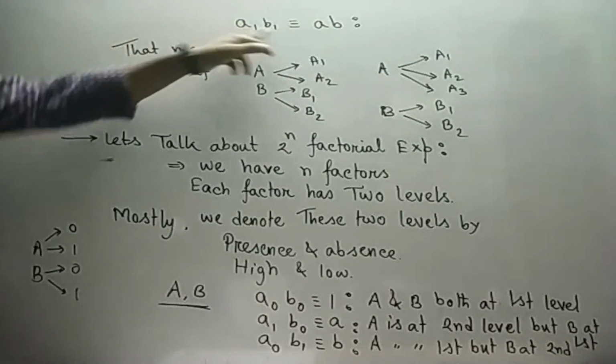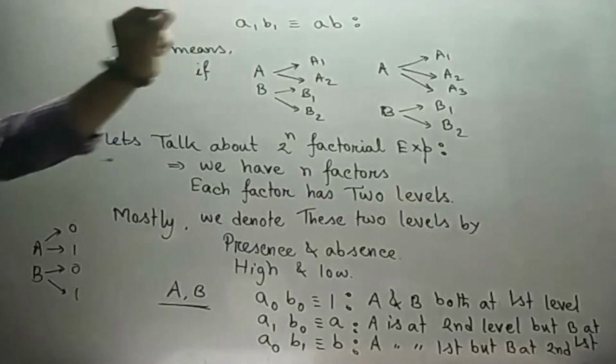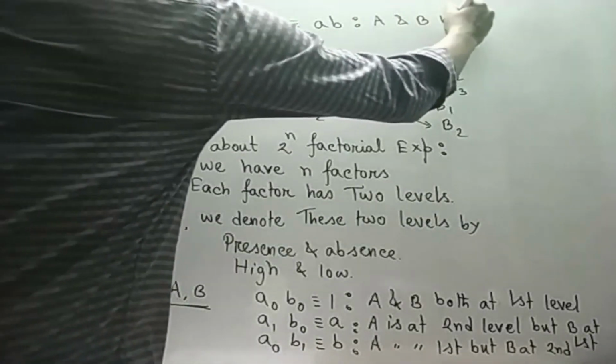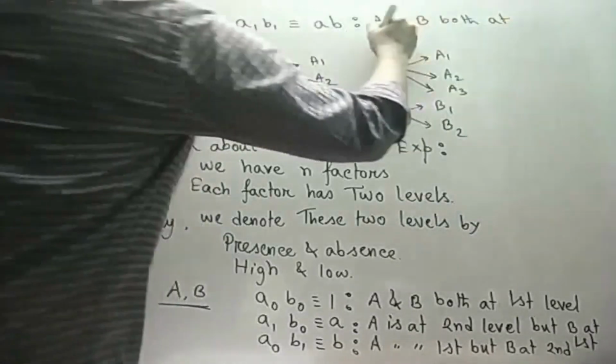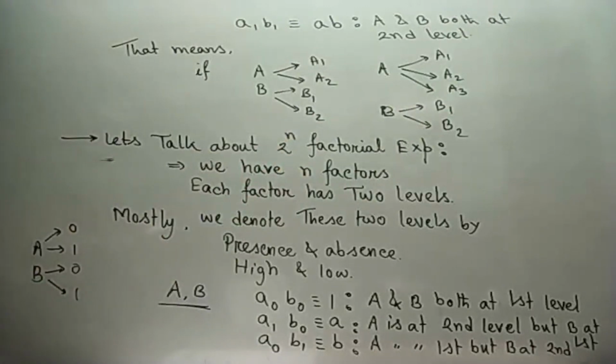As both have 1 as index, A and B both are at second level. So A and B both at second level. That means both are present.